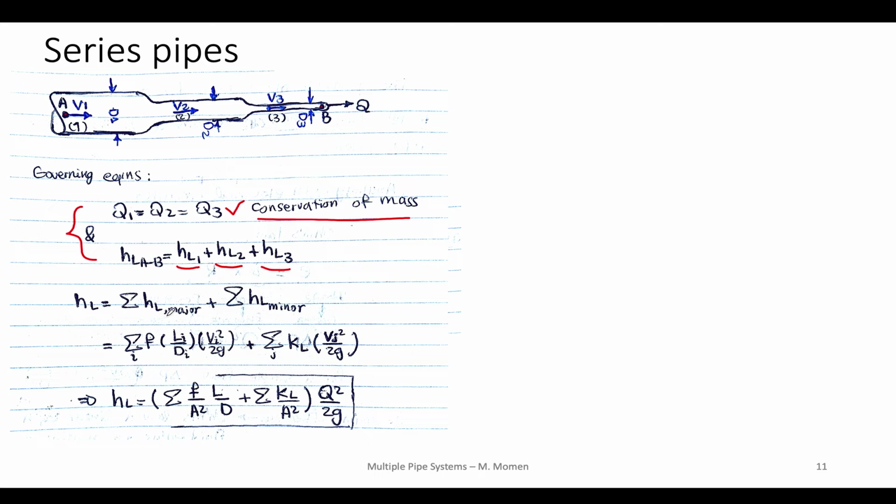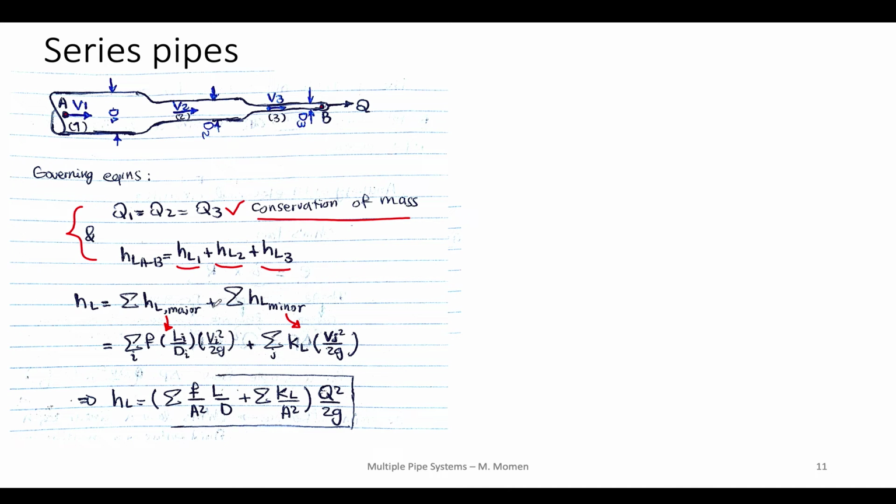And for the major head loss, as we said, it's because of the friction in the pipe. So we can write it as f times Li over Di for each pipe, multiplied by Vi squared, the velocity in each pipe, over 2g, plus all the minor losses in the system, which have their own KL, the loss coefficient, multiplied by Vj squared, again the velocity in each pipe, over 2g.